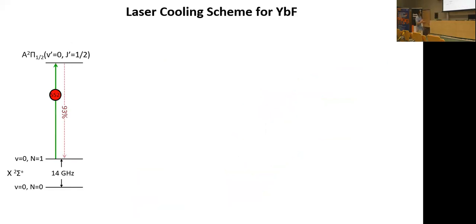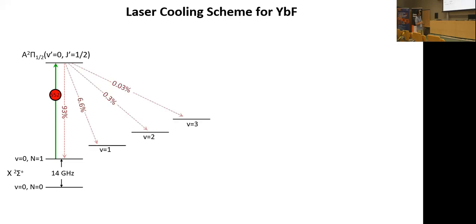Okay, so this is the cooling scheme that we use for YbF. The main cooling transition is from the ground vibrational level to the electronically excited state in the ground vibrational level. Again, this is rotationally closed, but only 93% of the time this excited state decays to the ground vibrational level.